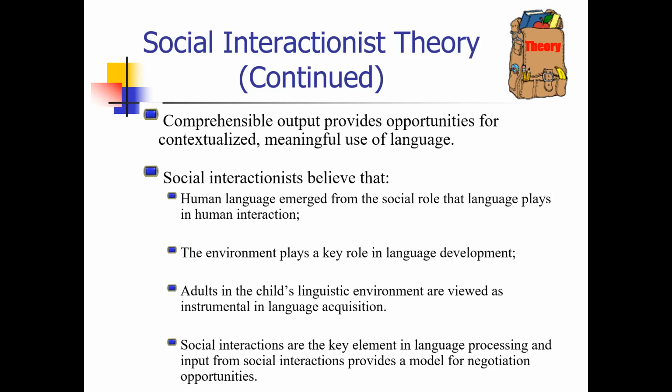The third is adults in the child's linguistic environment are viewed as involved in language acquisition. The last is social interaction, a key element in language processing, and input from social interaction provides a model for negotiation opportunity.